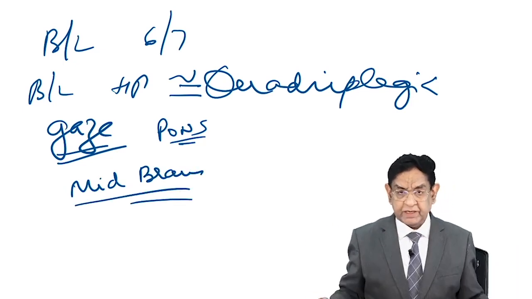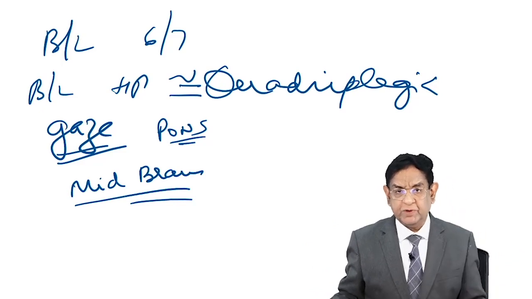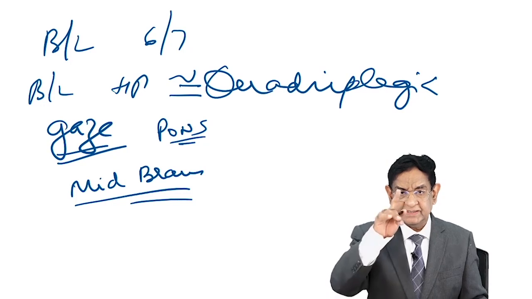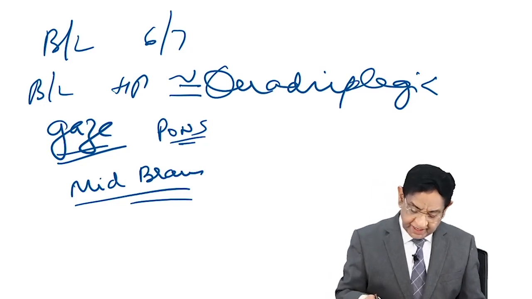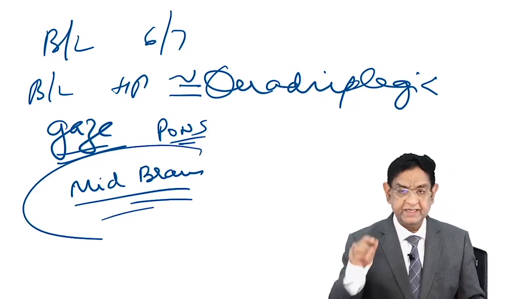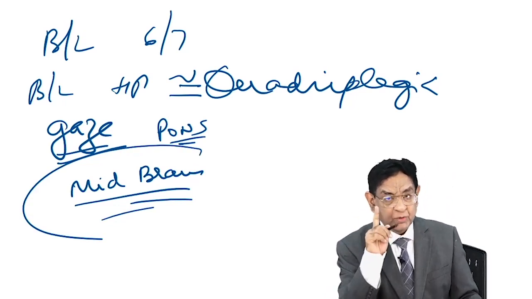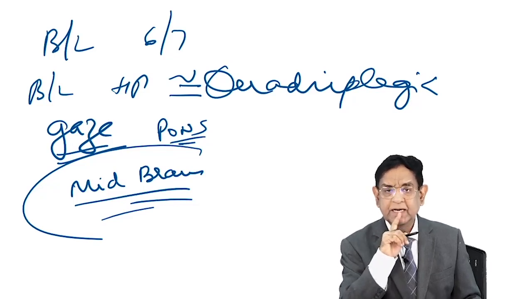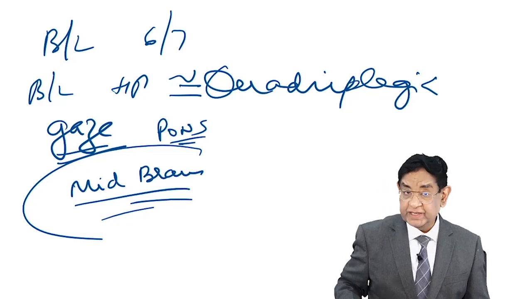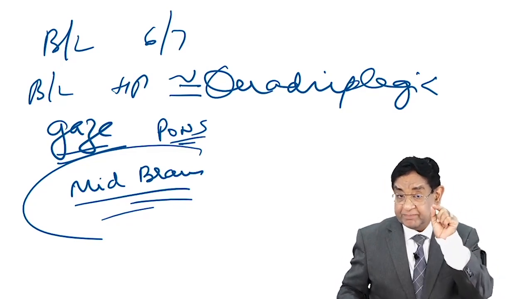So in locked in syndrome, the only movement possible is up and down. It's a very commonly asked question that in locked in syndrome, which movement is possible? Only movement possible is up and down. Up and down is the vertical because the center lies in the midbrain.